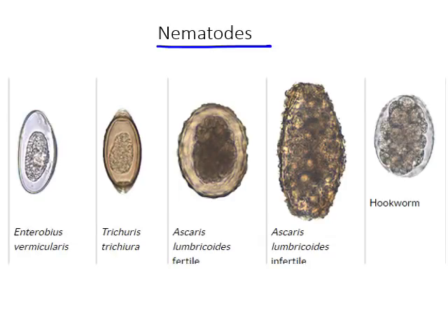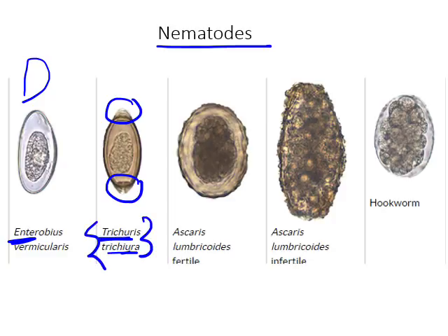So in the nematodes, this is where we are seeing the plano-convex egg. So plano-convex, Enterobius vermicularis. Here we are seeing bipolar mucus plugs. This is Trichuris trichiura, the 2 times repeated word. Ascaris, we did not see, let's see it here.